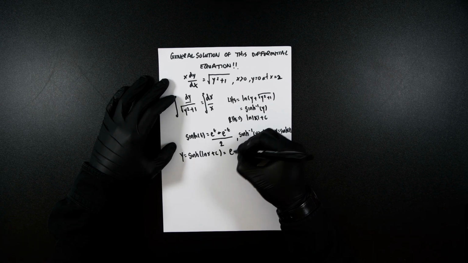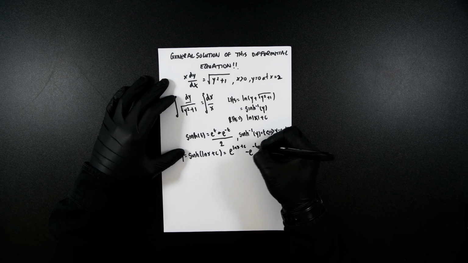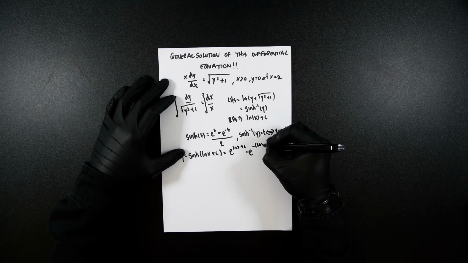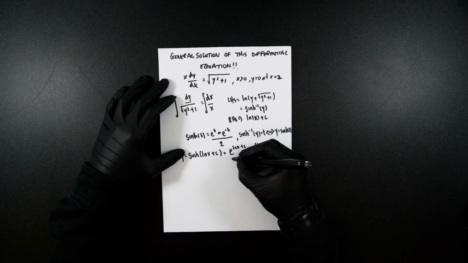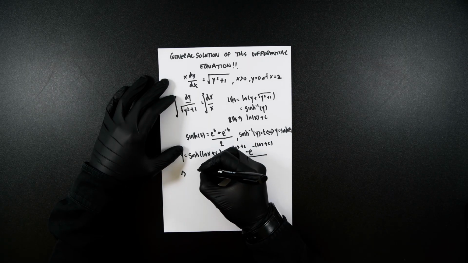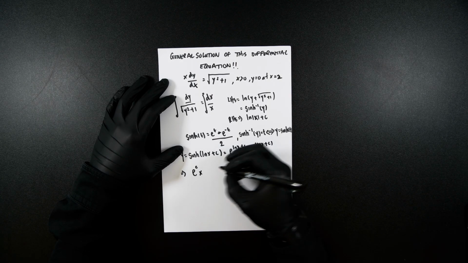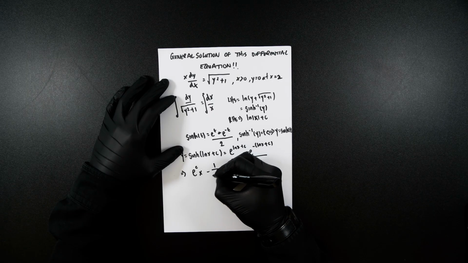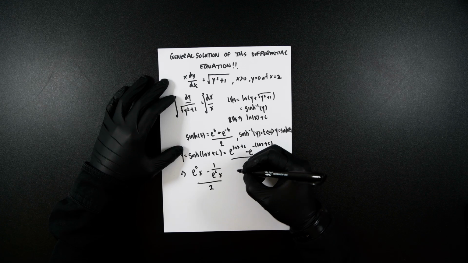So let's substitute that in. You're going to get e^(ln x plus c) minus e^(minus all brackets ln x plus c), divided by 2. And that's going to be then simplified, using a few identities, to e^c x minus 1 over e^c x, divided by 2.